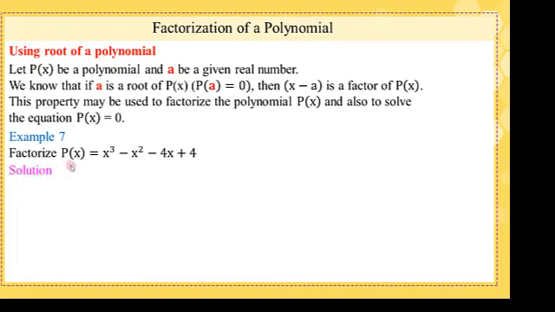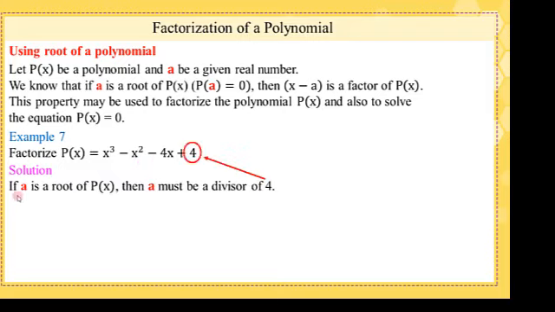Example, factorize P of X equal x cubed minus x squared minus 4x plus 4. Solution: if A is a root of P of X, then A must be a divisor of 4. The possible values of A are plus or minus 1, plus or minus 2, plus or minus 4.